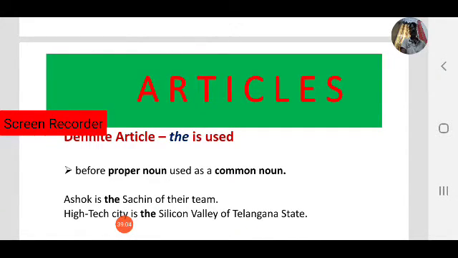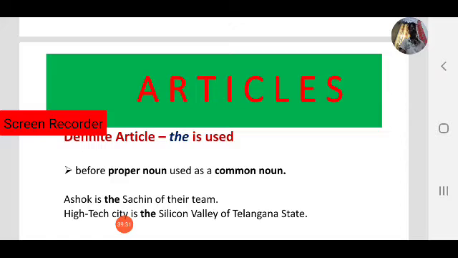Sachin is a proper noun, Sachin Tendulkar, you know, but here we use it as a common noun, like Ashok is playing like Sachin. Another example: High-tech city is the Silicon Valley of Telangana.